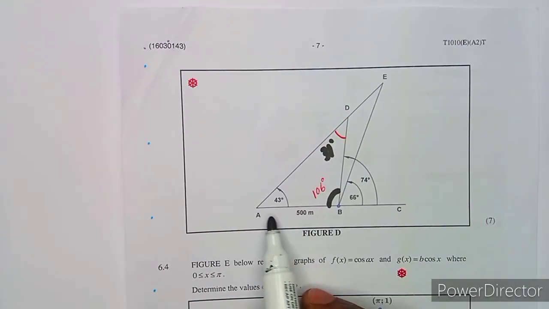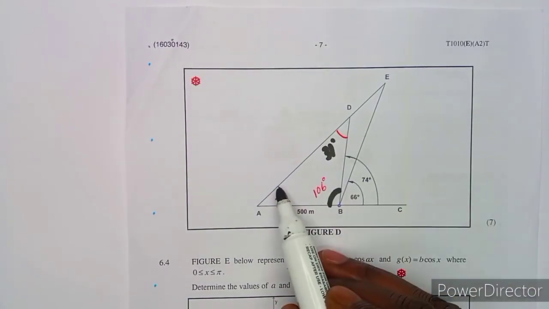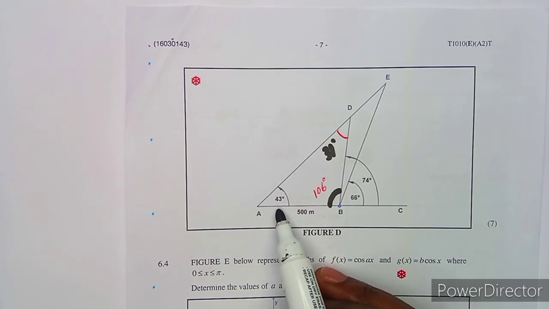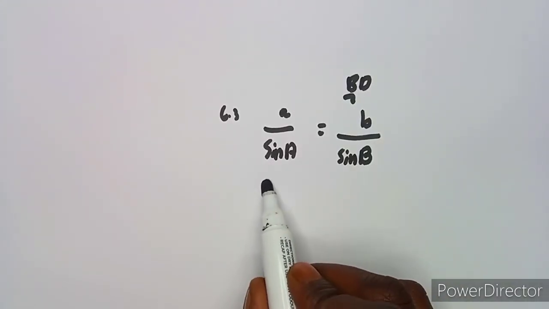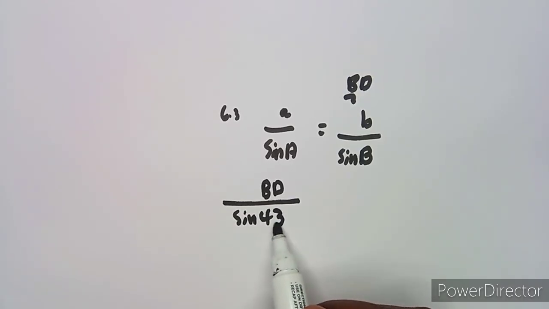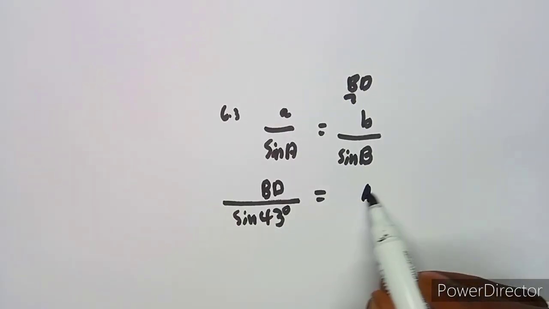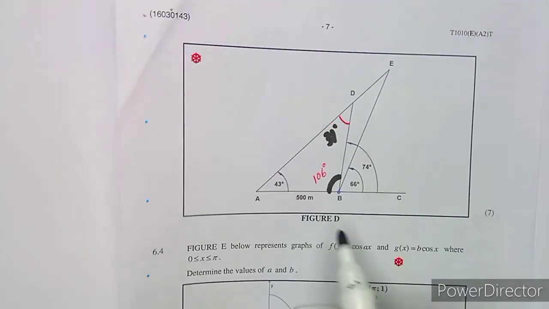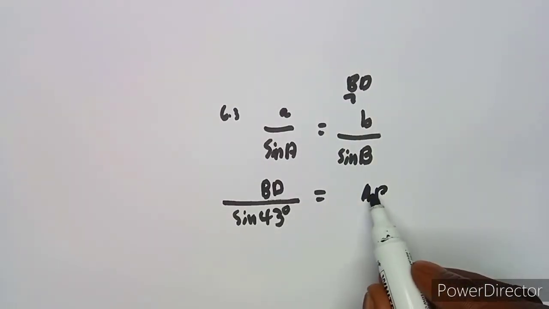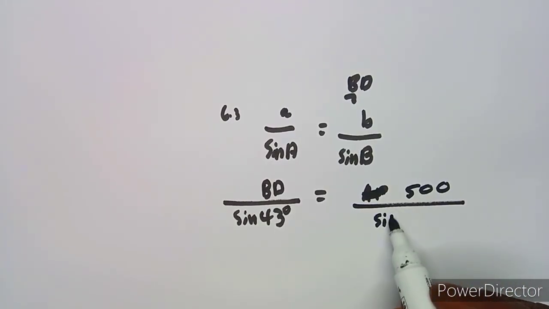Here BD is the one that you want to calculate. So it's BD over sine the angle which is opposite, sine 43 degrees, which is equal to the other side, AB over sine 31. AB is 500, so let's write 500 over sine 31.